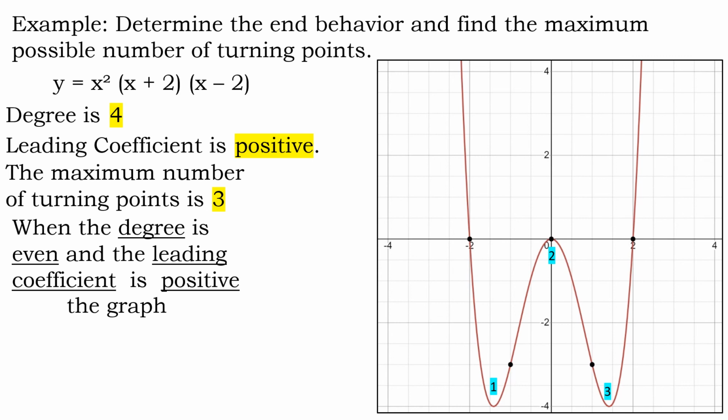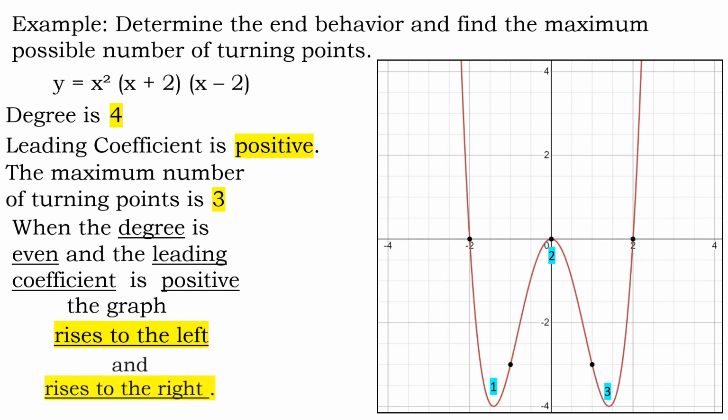Notice the behavior of the graph. When the degree is an even number, even kasi yung 4, 4 is an even number. And notice that if the leading coefficient is positive, what will happen to the graph? The end behavior of the graph, it rises to the left and rises also to the right.